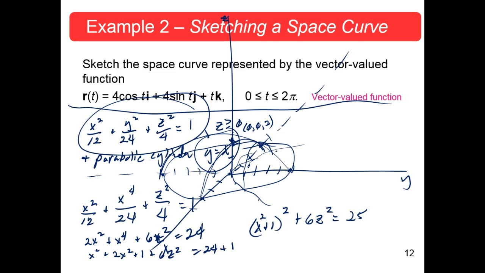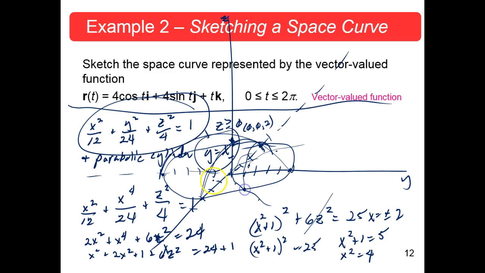So when z is equal to 0 here, that's this point down here, then you have x squared plus 1 squared is equal to 25. Take a square root of both sides of that, you get x squared plus 1 is equal to 5. So x squared is equal to 4. So x is equal to plus or minus 2.